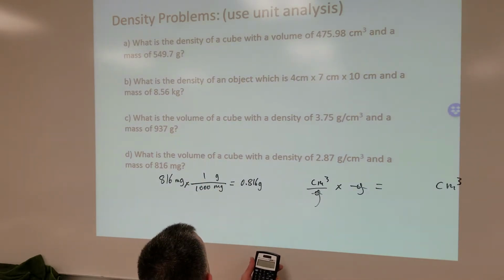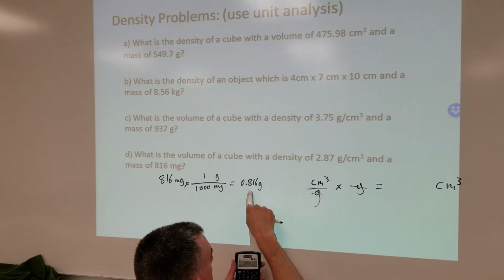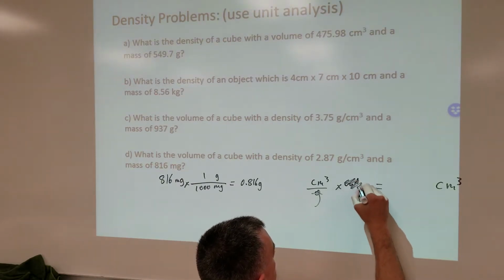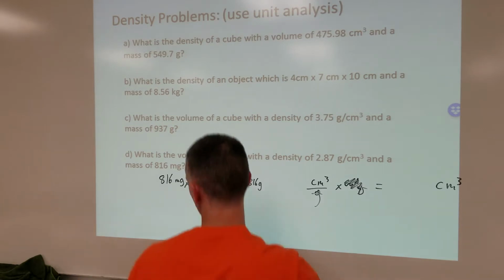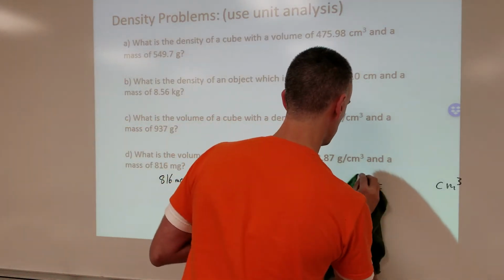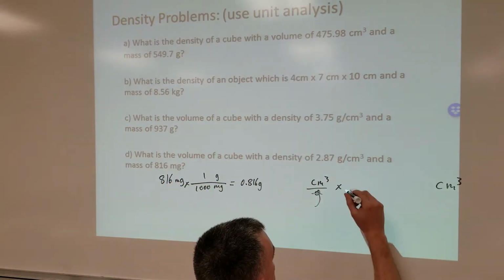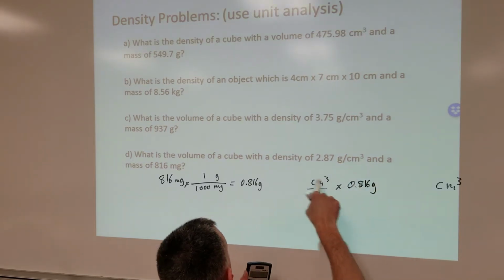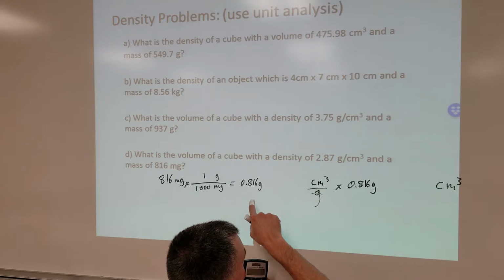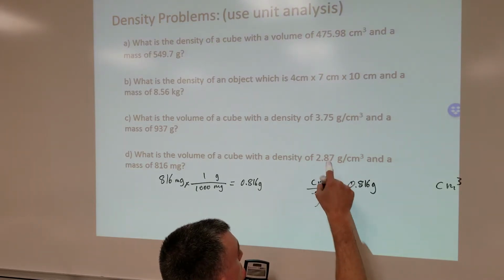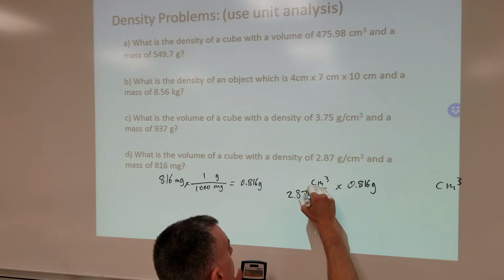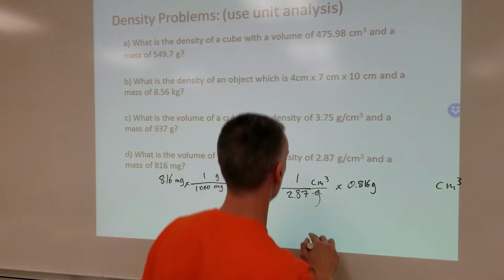So 0.816 grams. Let's rewrite this more clearly. 0.816 grams, converted from the original milligrams, 2.87 grams per cubic centimeter, so there's your 2.87 grams per cubic centimeter, flipped upside down.